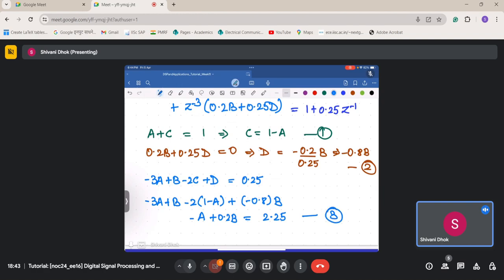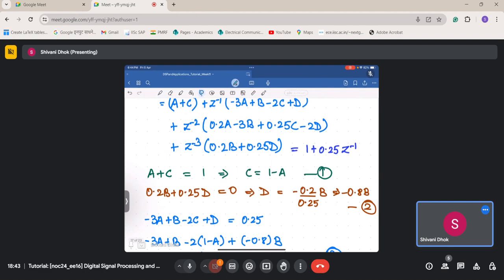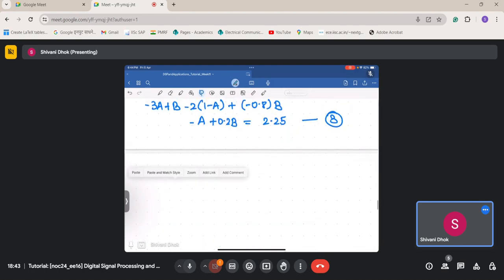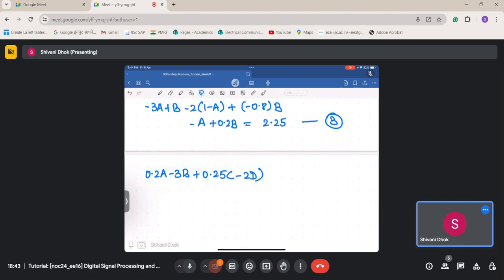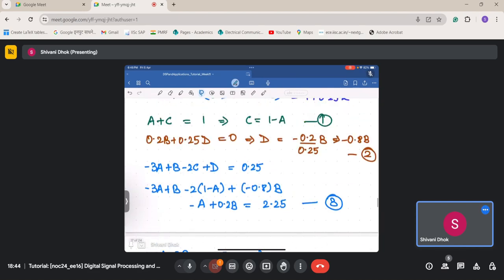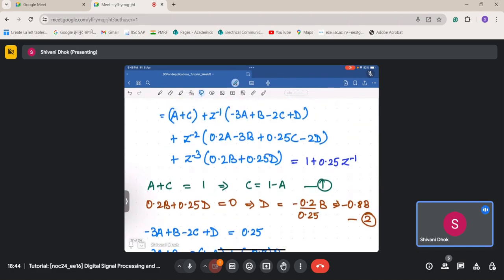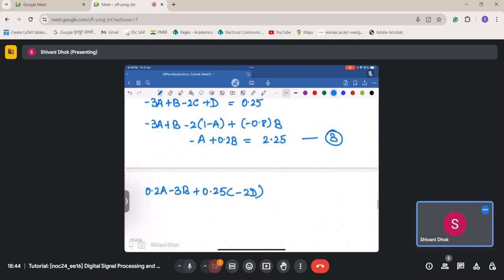And in similar way we have this third equation, this one corresponding to 0.2 z to the power minus 2. If we compare its coefficient with the left hand side, there is no z to the power minus 2 term, so this thing will be equal to 0.